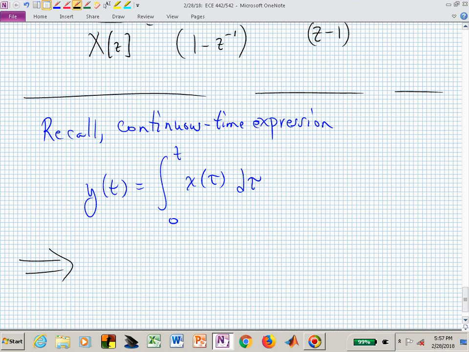What happens to lowercase y of t when we go into the frequency domain or the s domain? Again, we just have to do the shift key, don't we, for little y of t. This becomes capital Y of s. And what does an integration operation look like in the frequency domain? That's 1 over s. This is now 1 over s times capital X of s.